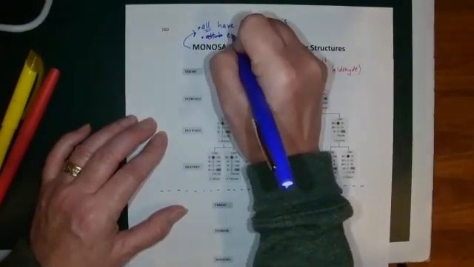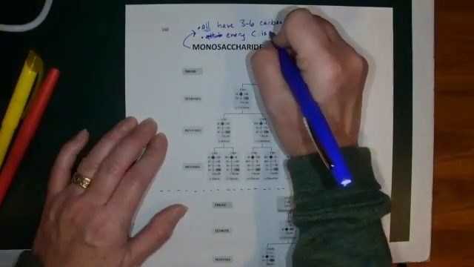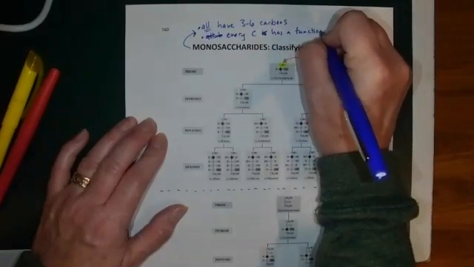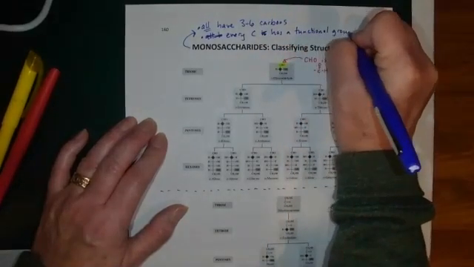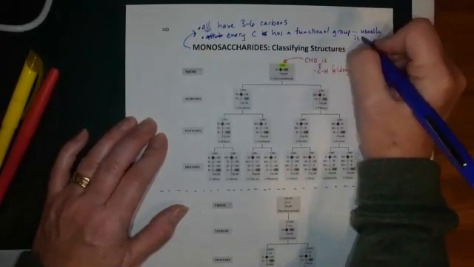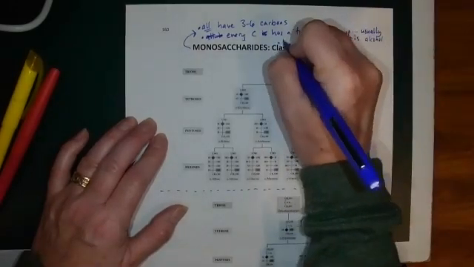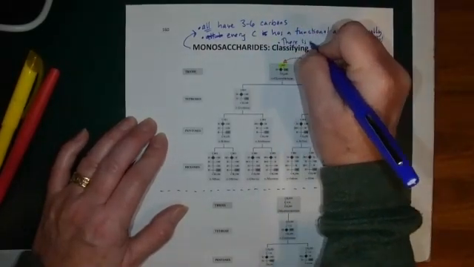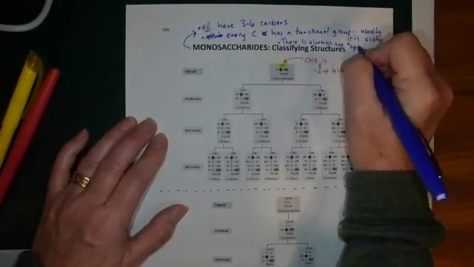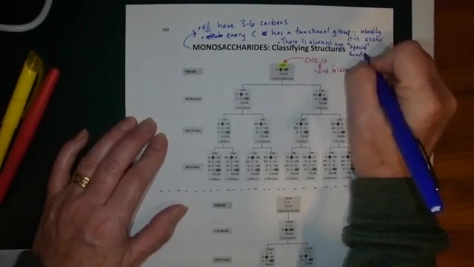Actually, every carbon has a functional group attached. And what you just noticed when you took a look, usually that functional group is alcohol, but also there is always what I'll call the special functional group.